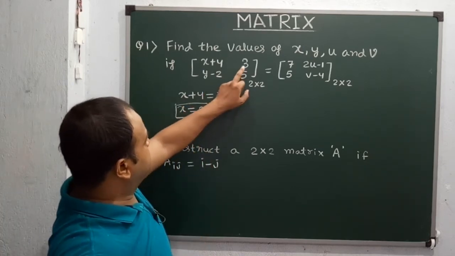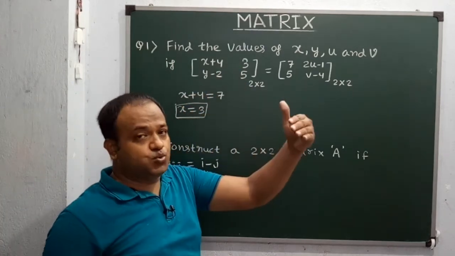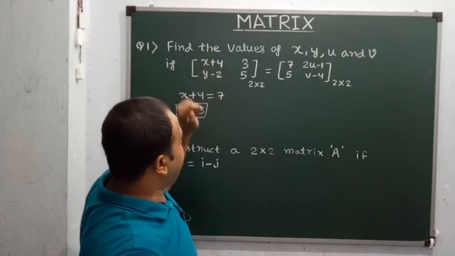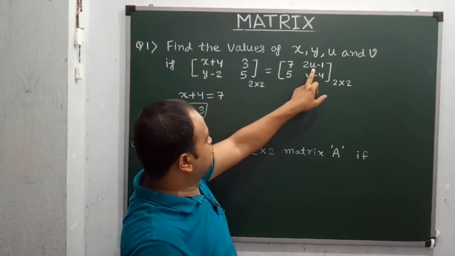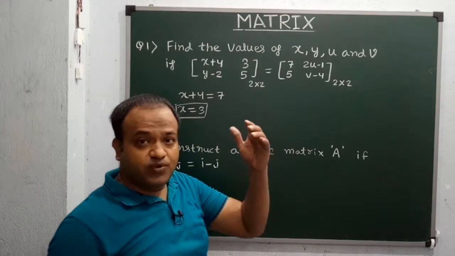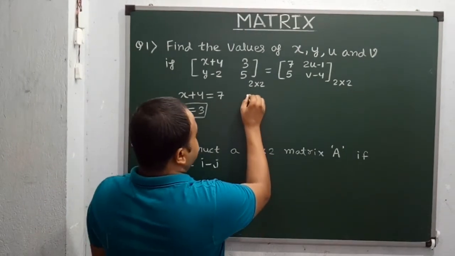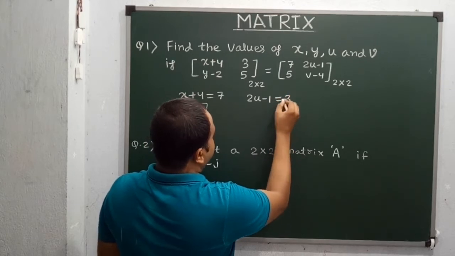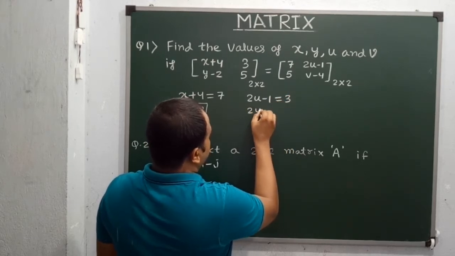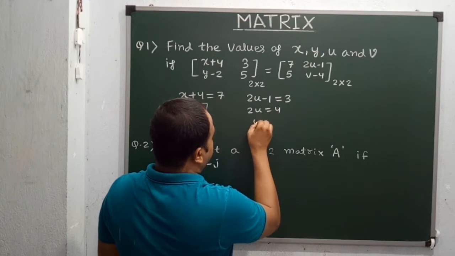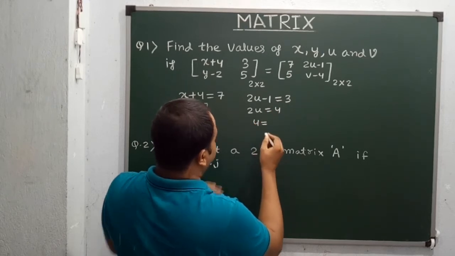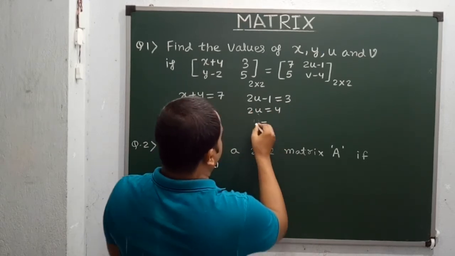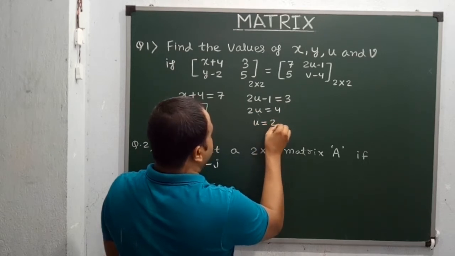Similarly, this one, 3, is A12, meaning first row and second column, and 2u minus 1 is also A12. So we can write 2u minus 1 equals 3, 2u equals 4 and u equals 2.